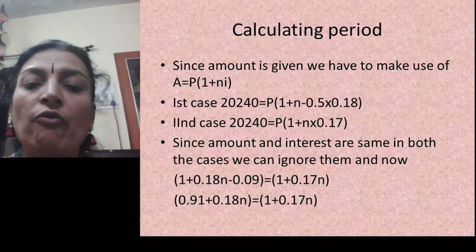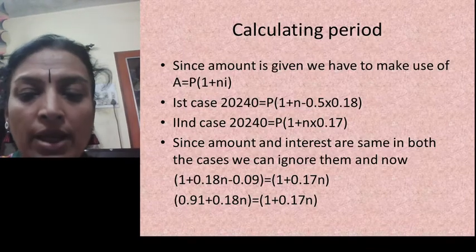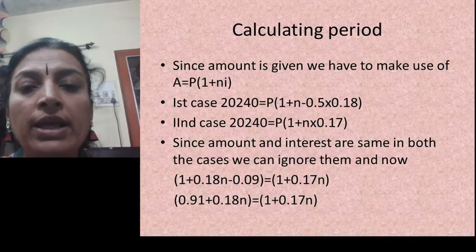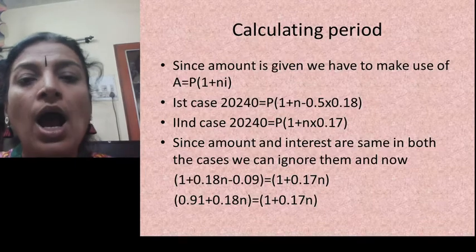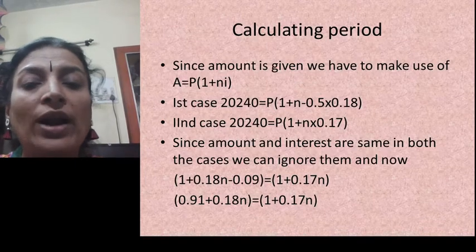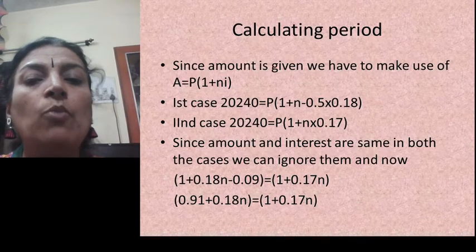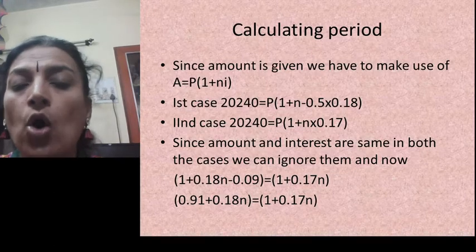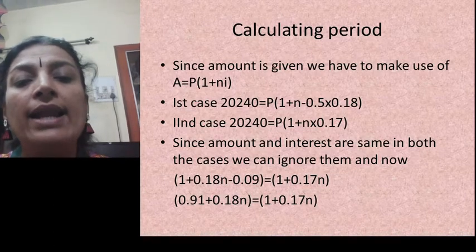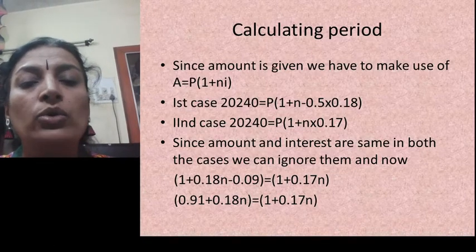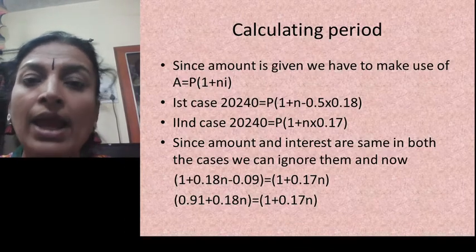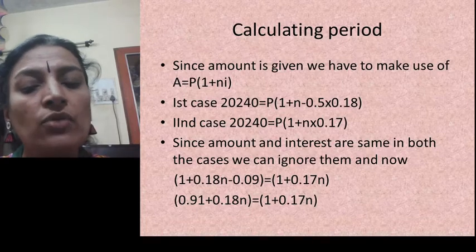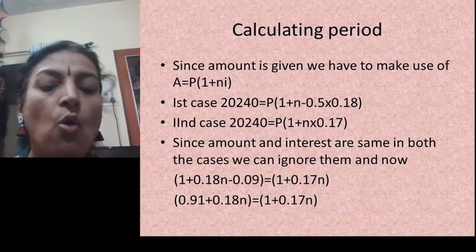So we have to form one equation here. In both the cases, we have to consider the formula and write down the equation. Since 20,240 is common in both the cases and P is common in both the cases, we can neglect them. Those elements which are common in both cases can be neglected and the rest of the things should be considered. What are those?